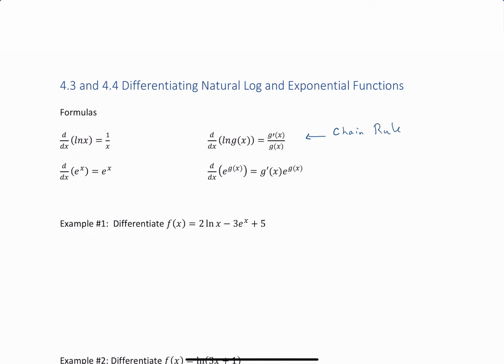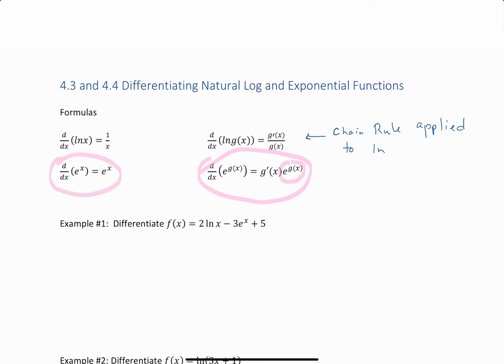applied to the natural log function. And similarly for the exponential function with base e, we get the same exponential function back, just like we did with the basic exponential function.